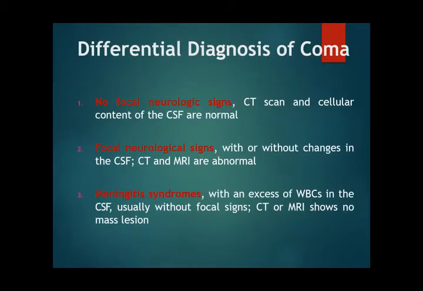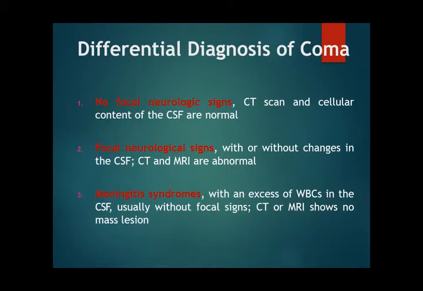And now come to the diseases without focal neurological signs. Diseases that cause no focal signs usually have normal brainstem function, and usually the CT and CSF are normal. Those include metabolic disturbances like hypoglycemia, hyponatremia, hyperglycemia, non-ketotic hyperosmolar states, even hypercalcemia is one of these, and Addisonian crisis.